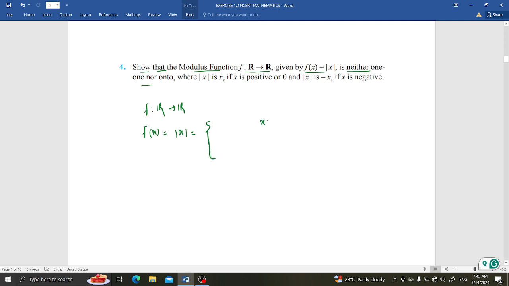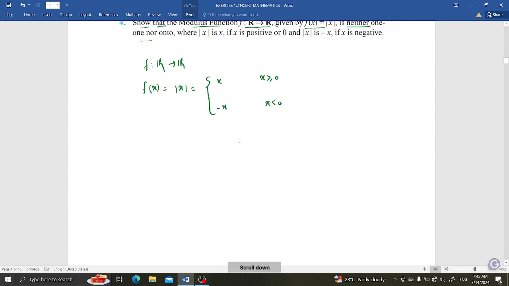If x is greater than or equal to 0, it will provide the value x, and if x is less than 0, it will provide the value minus x. It means that on the right side of the origin, the function is governed by the line y equals x, and if x is less than 0, it is governed by the line y equals minus x.